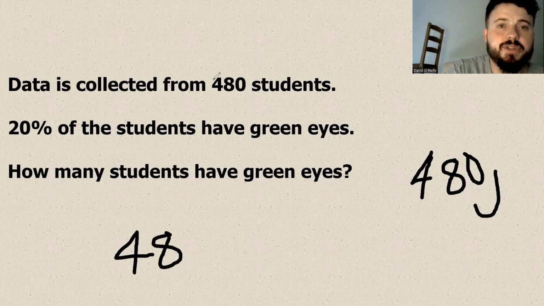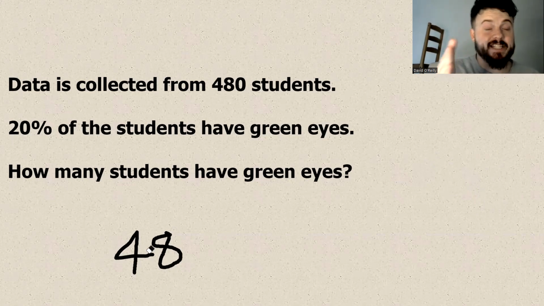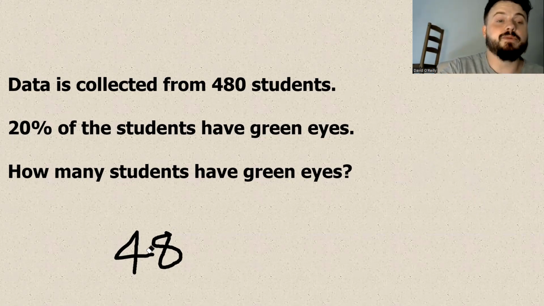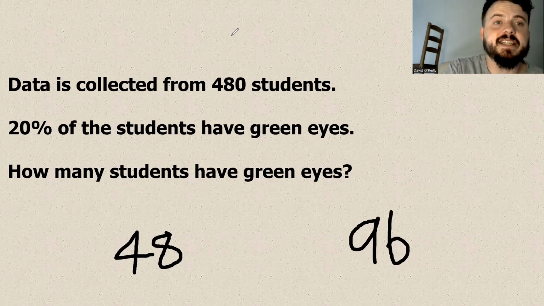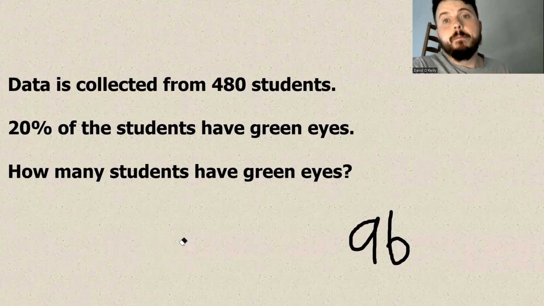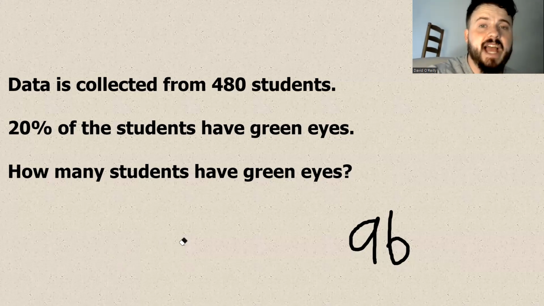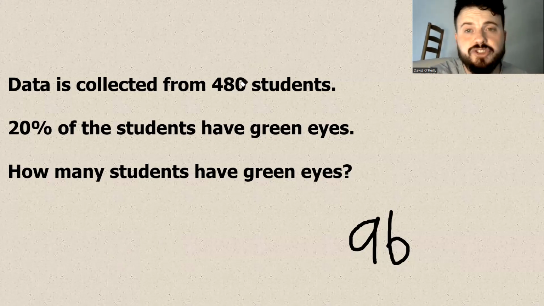If 10% is 48, 20% is double 10%, right? So if we double 48, we're going to get 20%. 48 times 2 is 96. So 96 is equal to 20%. 20% of 480 is 96. But we don't take 96 away from 480, do we?